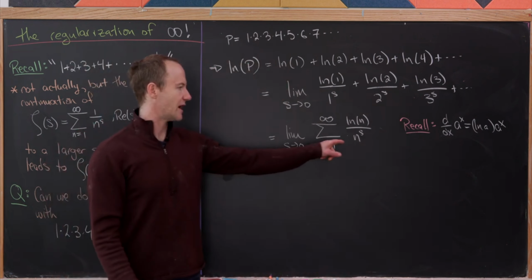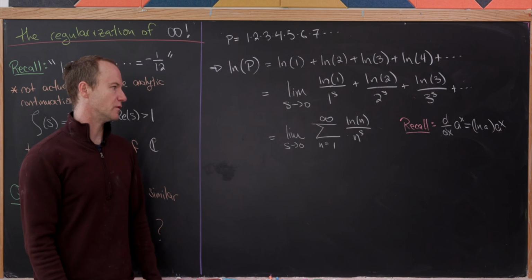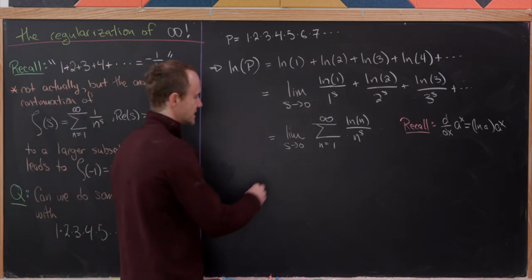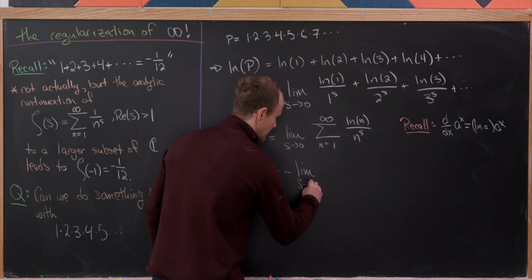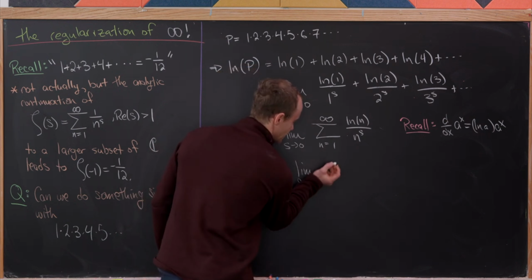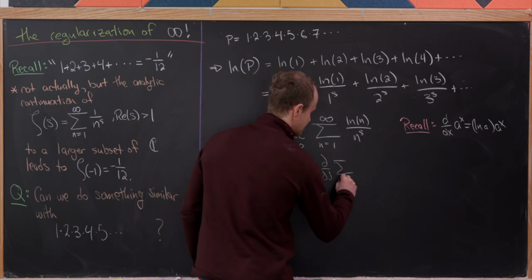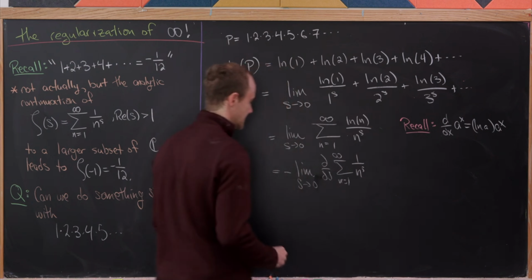Now, that applied to this right here, where you're using the chain rule because you actually have n to the minus s, motivates us to observe that this is equal to minus the limit as s goes to 0 of the derivative with respect to s of the sum as n goes from 1 to infinity of 1 over n to the s.